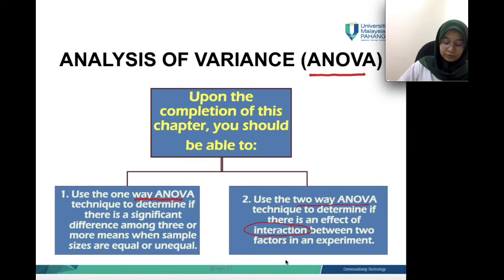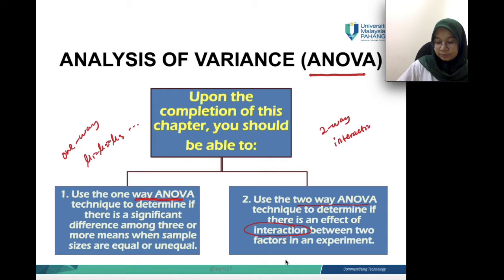For one-way, we talk about the difference between mu1, mu2, mu3, and so on. In two-way, we talk about interaction. Is there any interaction between two factors, right?